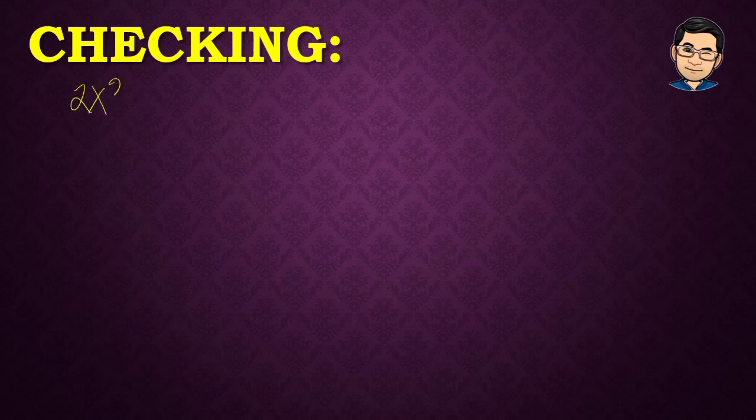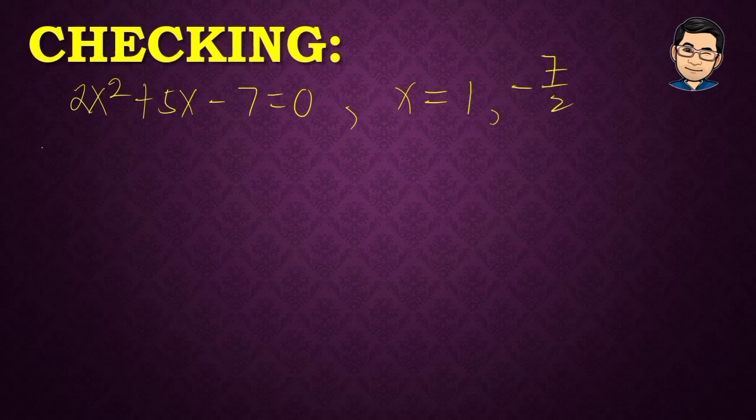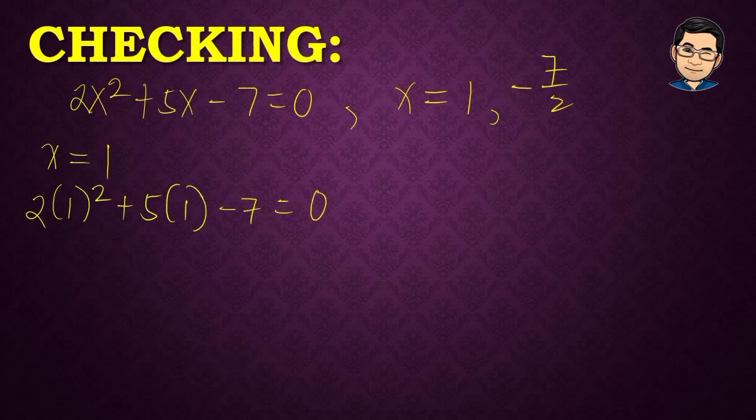2x squared plus 5x minus 7 equals 0. And then our roots are 1 and negative 7 over 2. So, if x equals 1, then 2 times 1 squared plus 5 times 1 minus 7 equals 0.